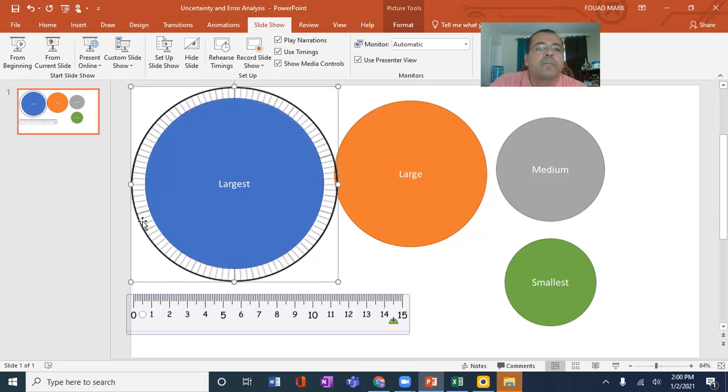Let me increase it a little bit. Okay, control. Right now I see it's kind of focused. So let me move it to the right a little bit. Yes. And then right click on the scale. Sorry, I need the circle, right click.